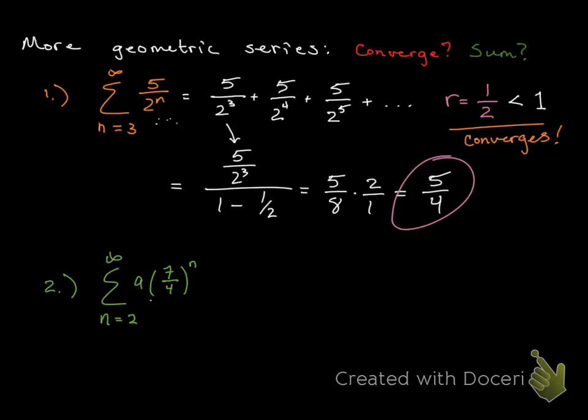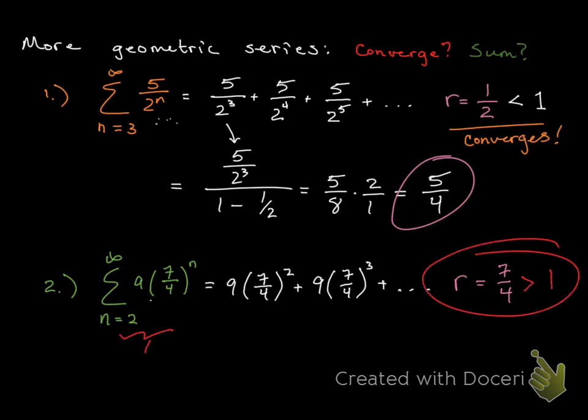And we notice that when I go out some terms here, I have 9 times 7/4, n starts at 2, so that's 9 times (7/4) squared plus 9 times (7/4) cubed, and so on. r is 7/4. I'm increasing the power of 7/4 by 1 for each term in my series here, and that common ratio is larger than 1.